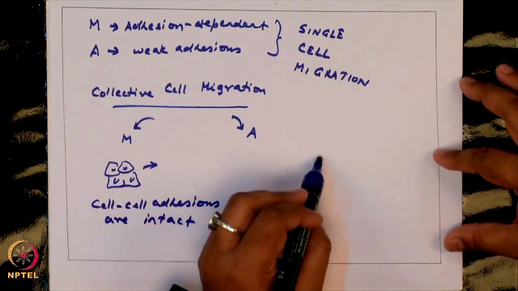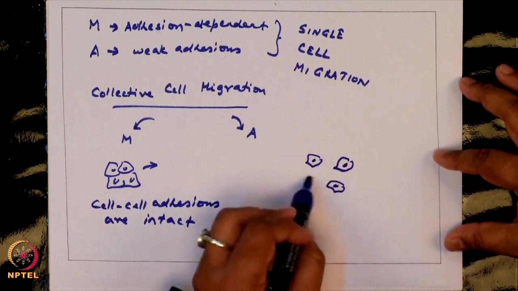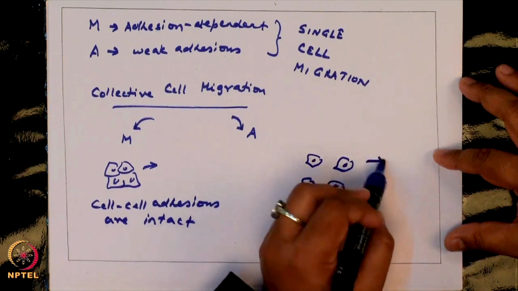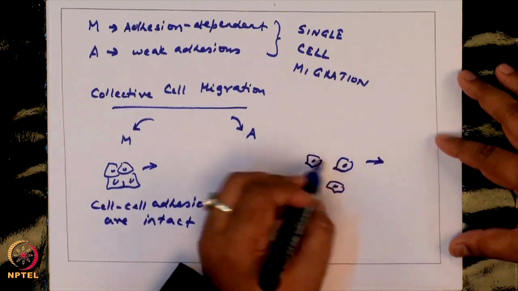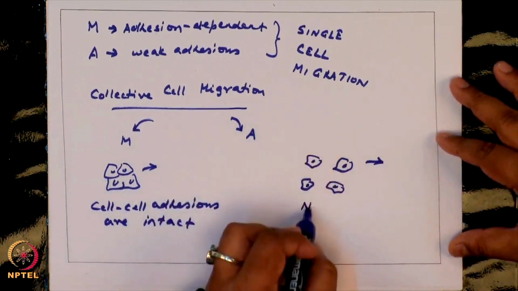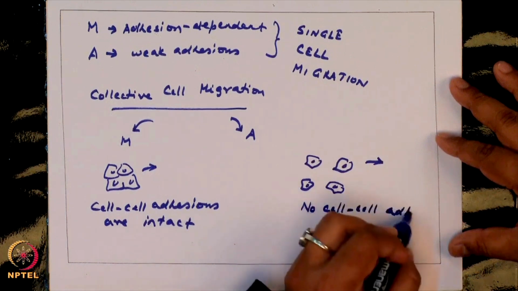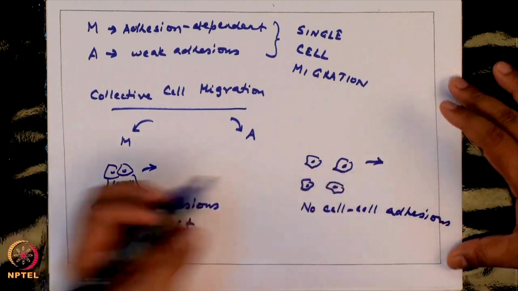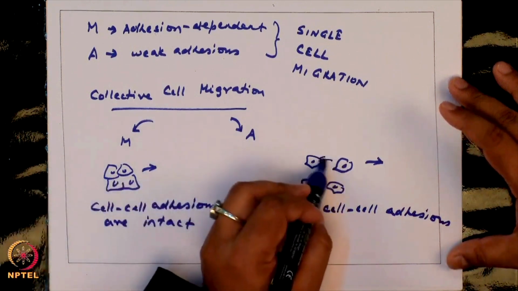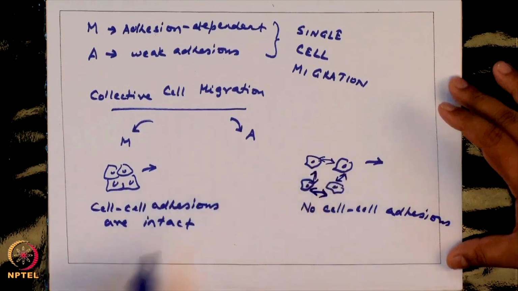But you might also have a situation where multiple cells are moving coherently in a given direction, but they are not attached to each other. So there are no cell adhesions, but still you have a directionality to the migration. In this case there are soluble cues which coordinate the interaction between these cells.